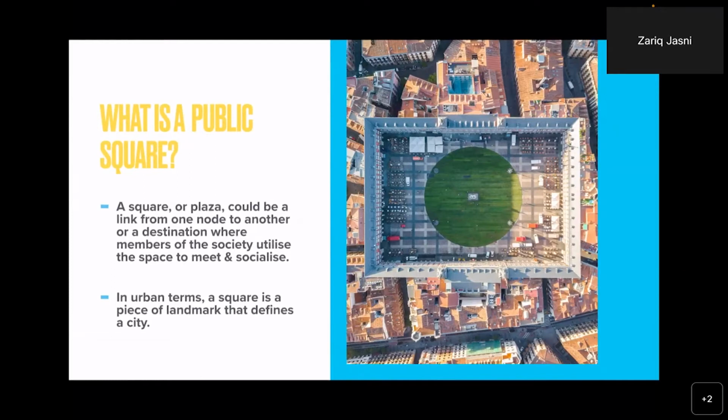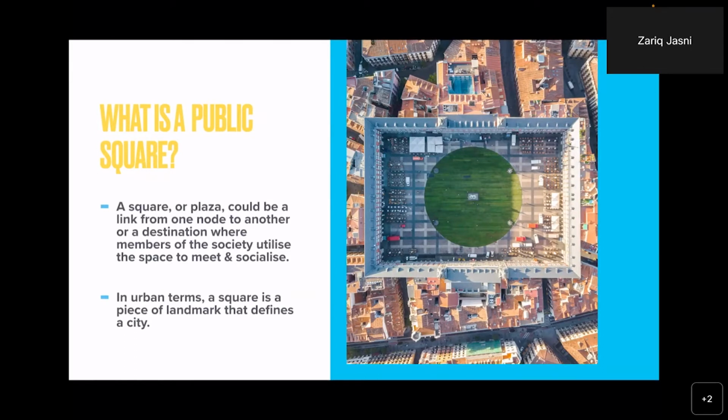A public square, in its literal meaning, is a square or a plaza that could be a link from one node to another, or a destination where members of the society utilize the space to meet and socialize. And in urban terms, a square is a piece of landmark that defines the city.